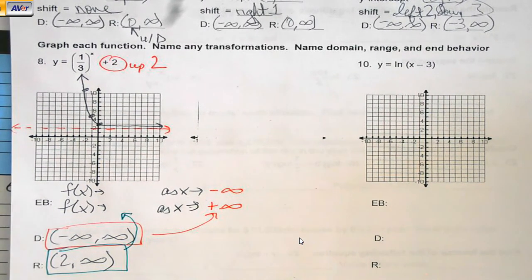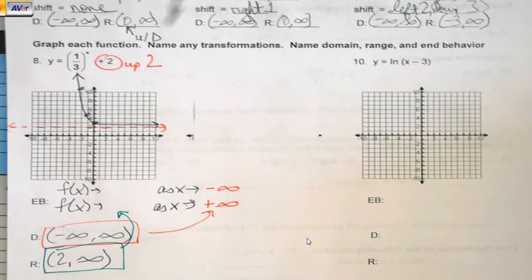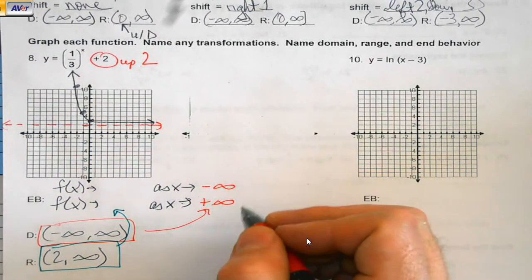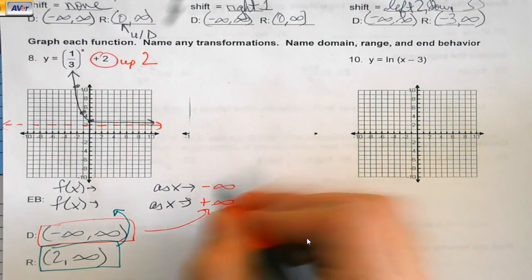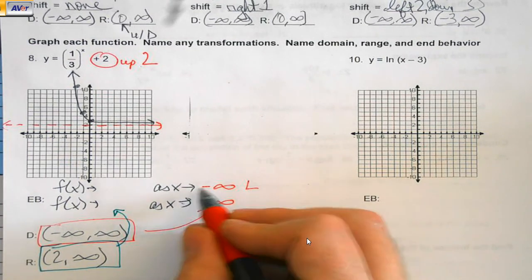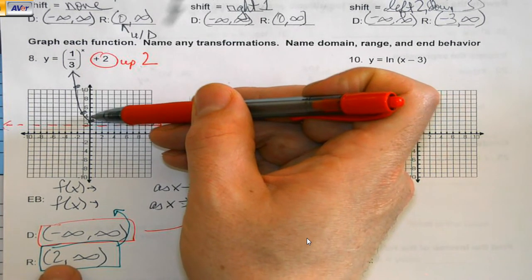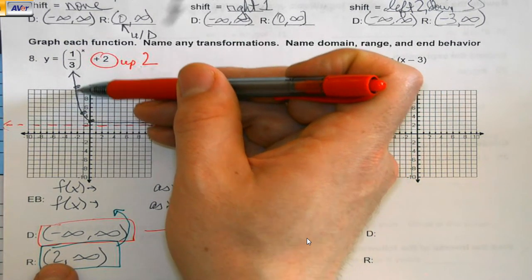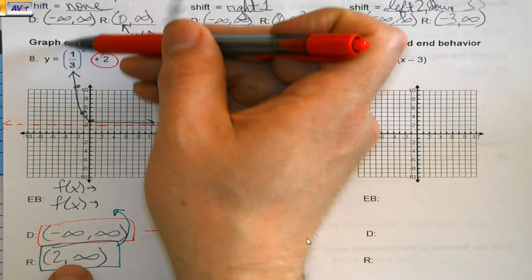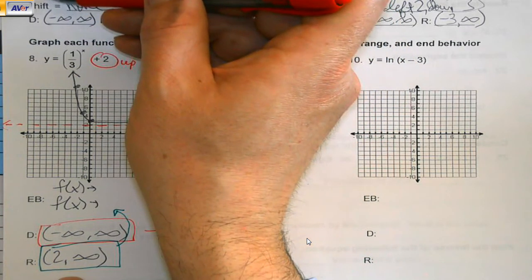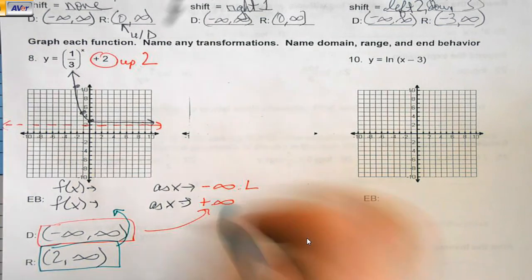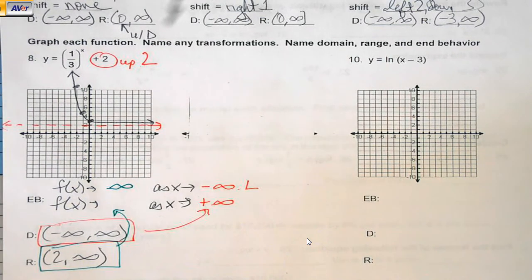So for those of you that have talked to me, here's how we've tackled this. And no, it's not time to go. I look at these and I go, okay, so here, as x approaches negative infinity, as x goes to the left, is my y value getting closer to y equals 2 or y equals infinity? Well, what am I doing? I'm going up forever. Well, if I'm going up forever, that's towards infinity.